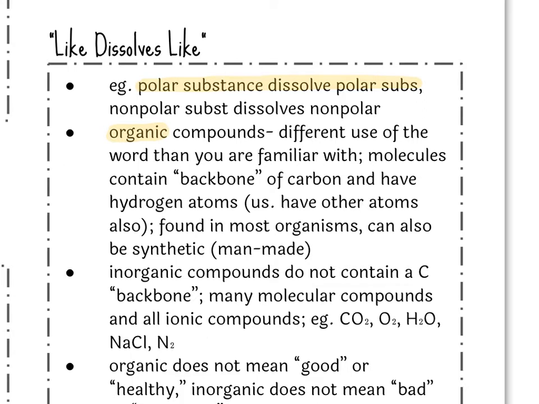So organic compounds, like it says here, those are different. It's a different use of the word than you're familiar with. When you hear the word organic, you might think of natural or healthy food. If you have organic peas, I don't know, then they're healthy and natural and don't use any pesticides. That is not what we're talking about in science, okay?